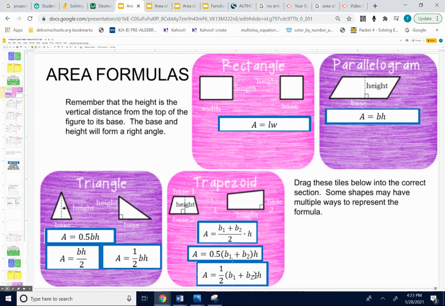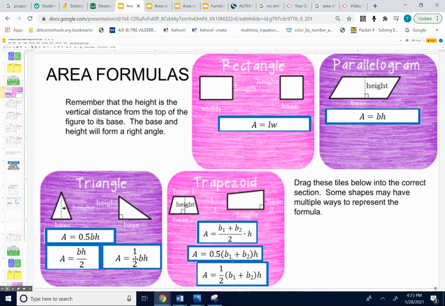And the reason I like the trapezoid formula on the bottom is for a triangle, I think of it as half times base times height. Personally, that's the one I usually use. Well, the trapezoid's real similar to that.